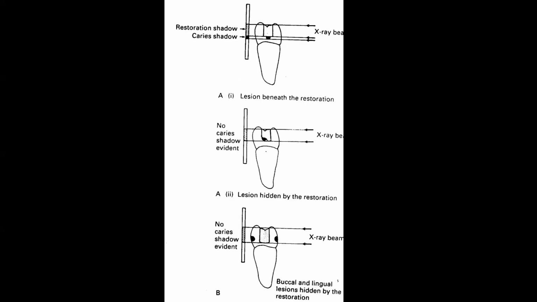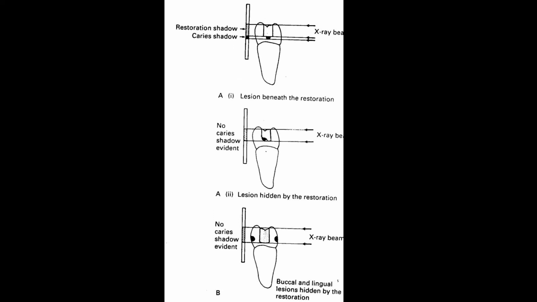In this radiograph, we can see how the location of the recurrent caries lesion will obscure the diagnostic ability of the radiograph or the resultant image on the radiograph. So when it is exactly beneath the restoration and we are giving a correct angulation, we'll see the shadow beneath the restoration. But if the lesion is hidden by the restoration, we will not be able to see the caries shadow on the radiograph.